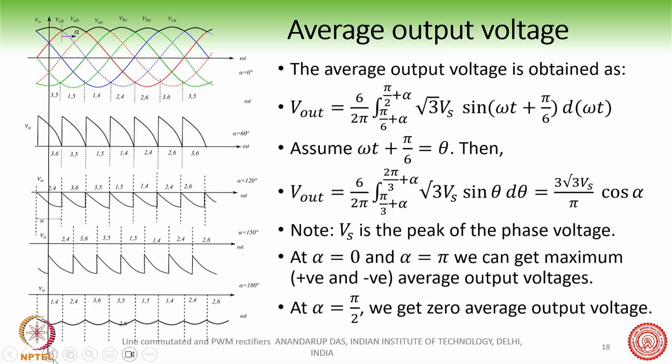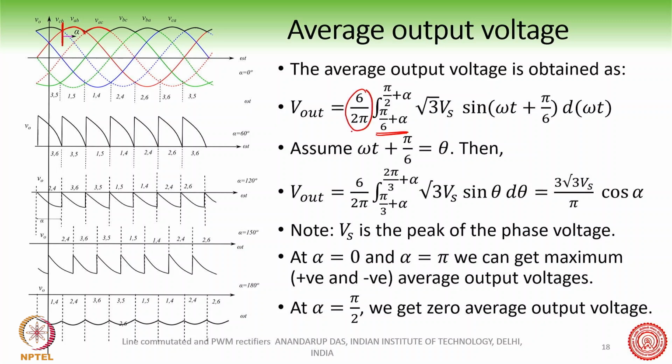The average output voltage in this case, again, from where this is my alpha, I am going to integrate from pi by 6 plus alpha, because this is a repetitive waveform. You can see this is a repetitive waveform, and the period of repetition is 2 pi by 6.